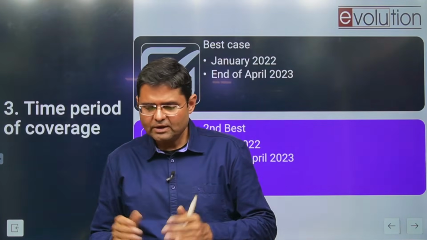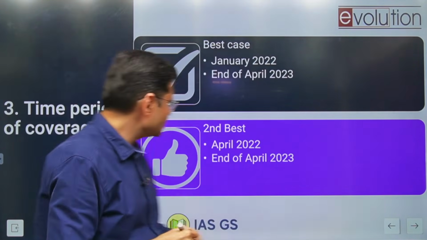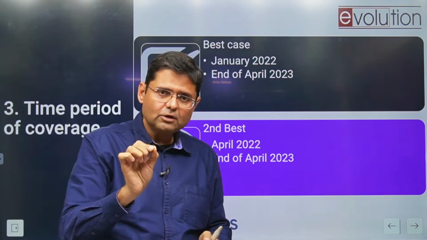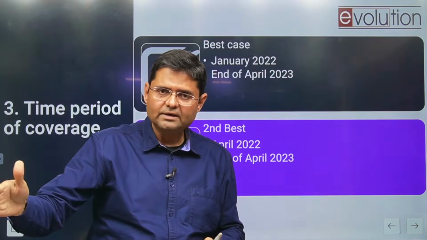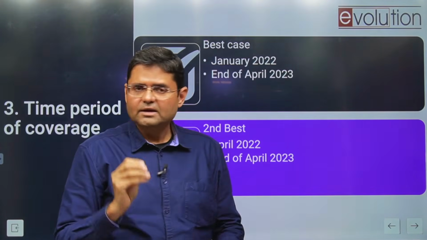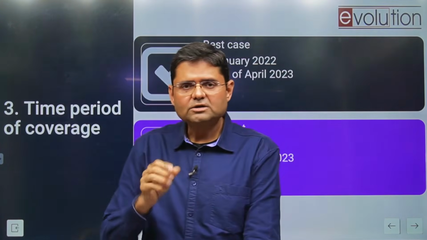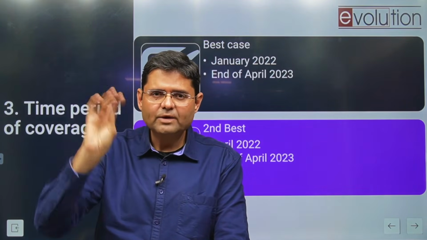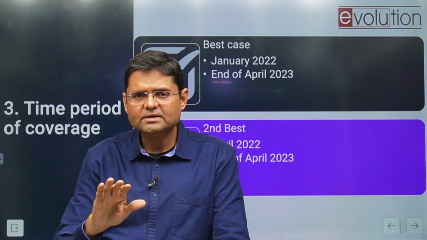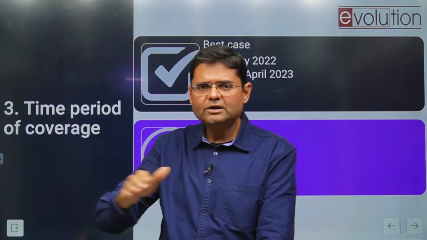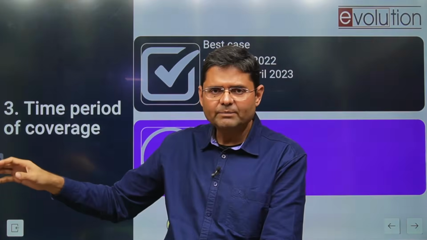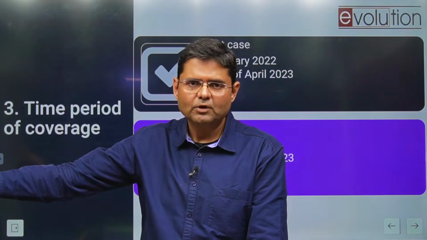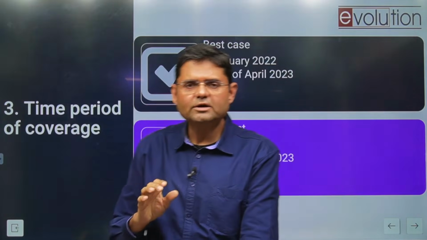So even if you are starting from April of 2022 and continue until the end of April 2023, that is 13 months of coverage, that is still good. Because a lot of developments related to the things which happened in January, February and March, they would anyway be continuing in the form of one or the other development even in April 2022 and onwards. So you will anyway get an opportunity to connect with those topics.